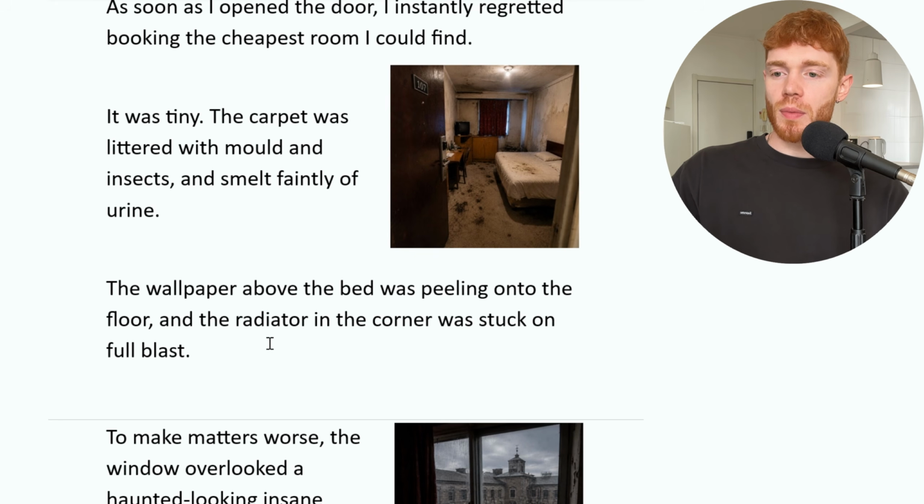The wallpaper above the bed was peeling onto the floor, and the radiator in the corner was stuck on full blast.